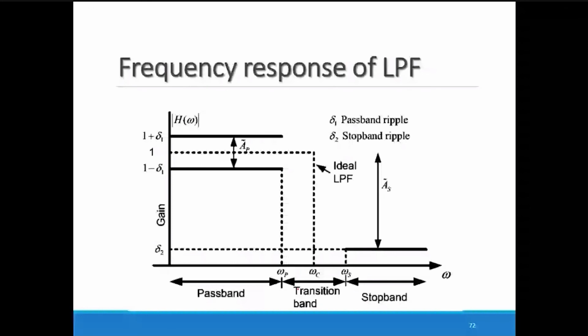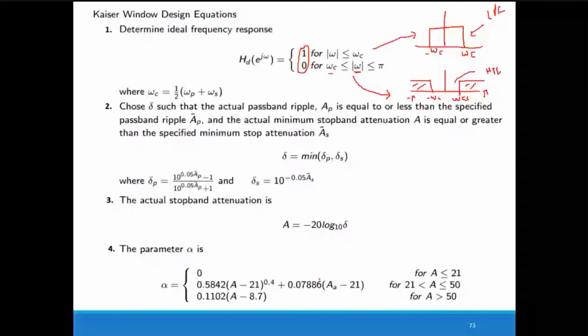Suppose omega p is given to you, omega s is given to you, this omega c is falling exactly in between. So you can calculate this by applying the simple equation: omega c is equal to 1 by 2 times omega p plus omega s. So you have to apply this and calculate the value.